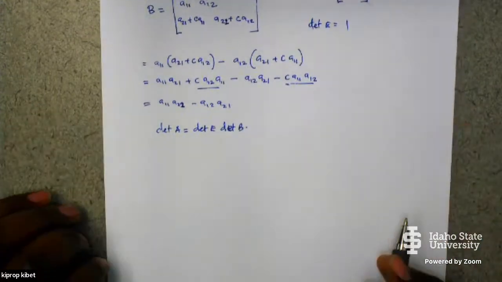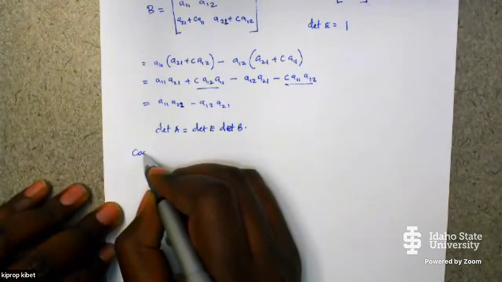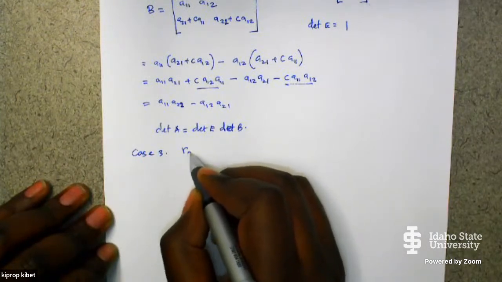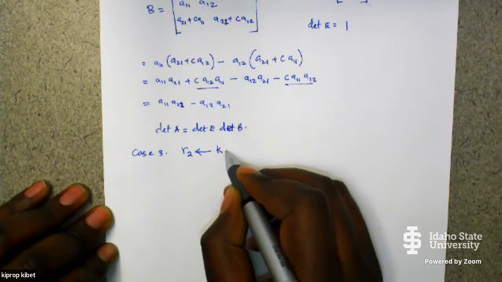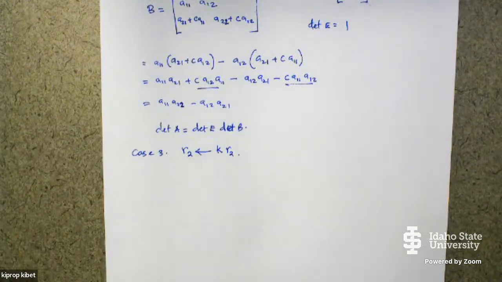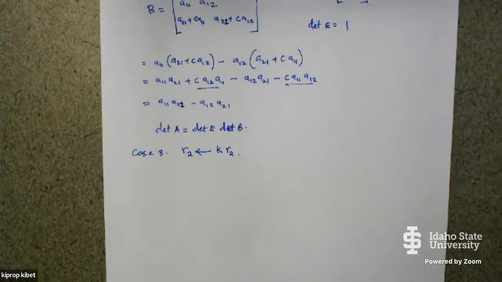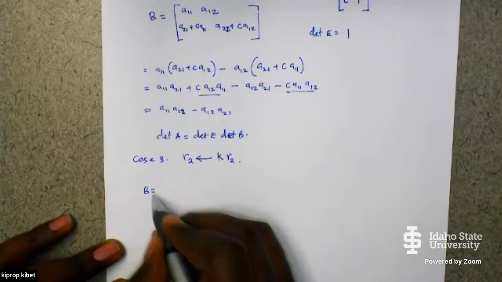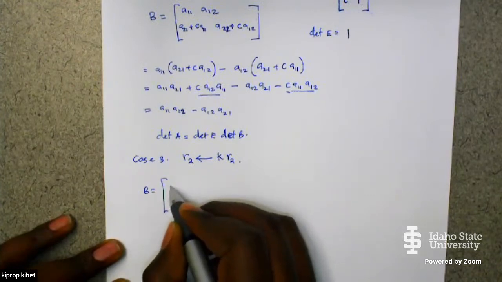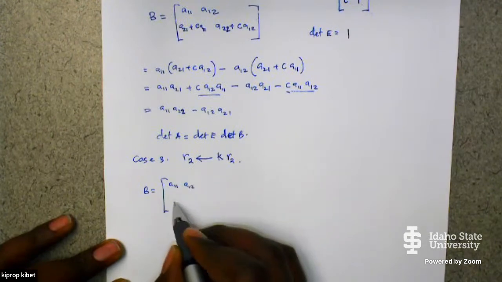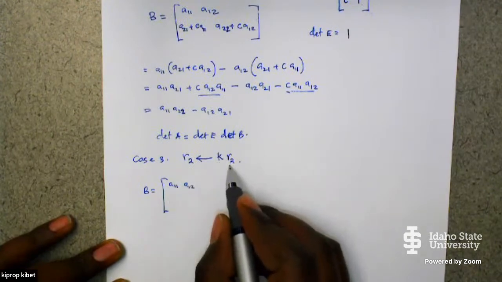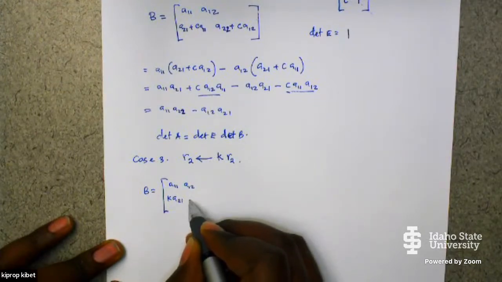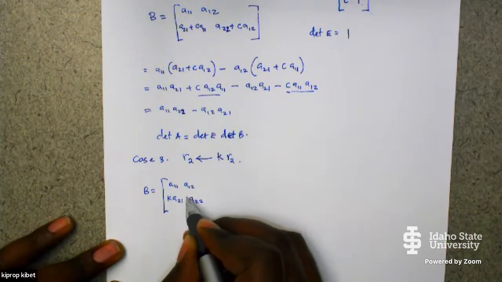Case number 3. If we now do the row operation, the new R2 is a constant K multiplied by R2, then we get our B. So to get our B here, it is A11, A12, and then we multiply the new R2 by K: K A21, and K A22.